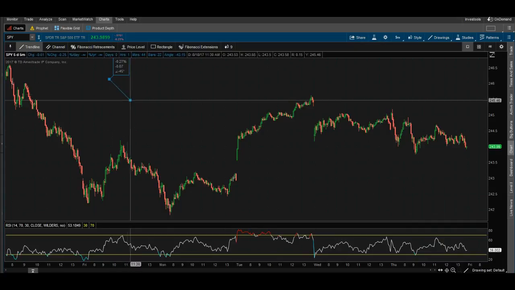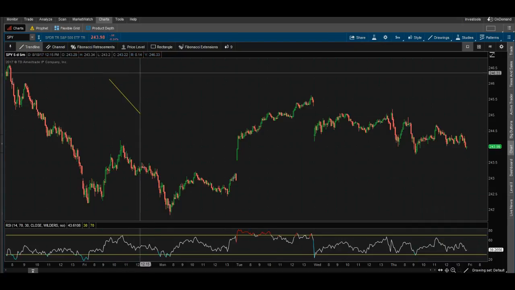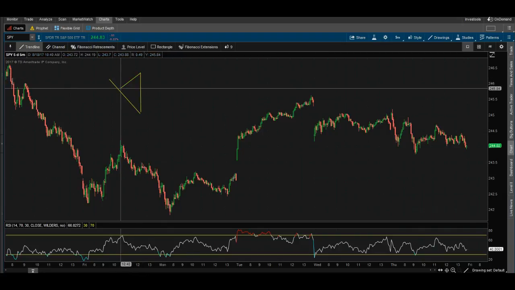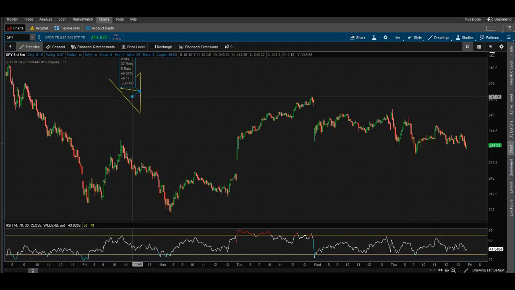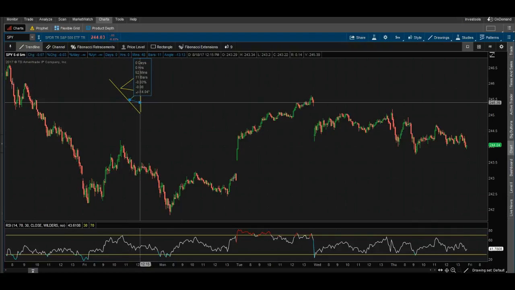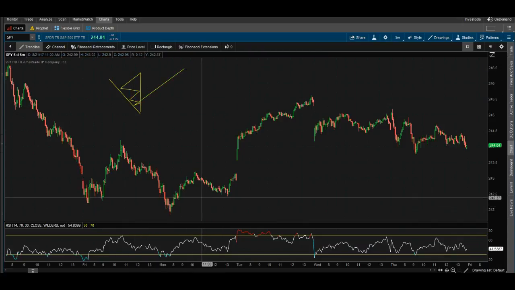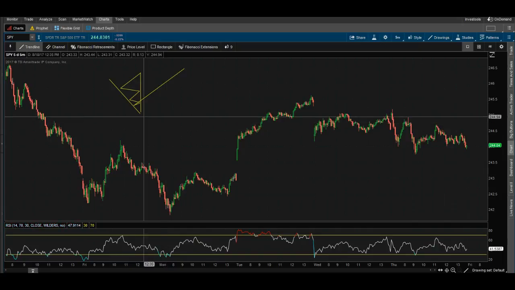Essentially it's a pattern that's going to look something similar to this. And what happens is it's actually a bullish pattern. Price will actually go like this, right? It'll trade within this wedge, but it gets really, really tight, coiled up, and then all of a sudden it breaks out to the upside.